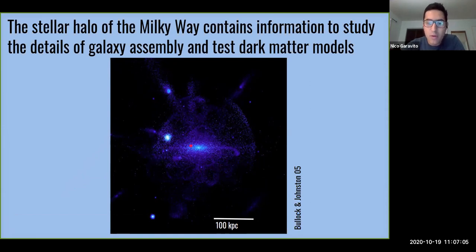And if you want to learn more about this, I really recommend reading Rohan Naidu's paper about the nice work with the H3 survey. But another application of the stellar halo is that if you have velocities and positions of the stars, you can map the enclosed mass of the Milky Way. And at these scales, the majority of the mass is dark matter. So you can map the underlying dark matter halo using the stellar halo.